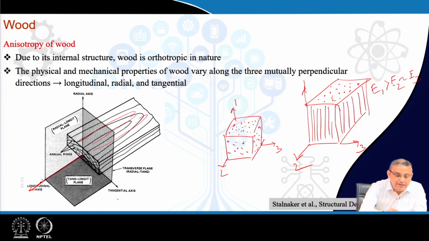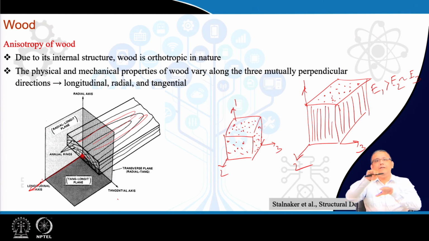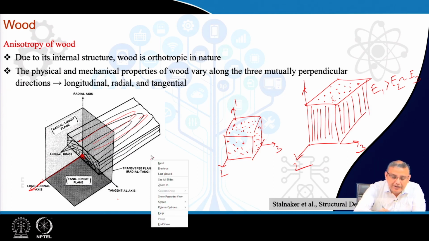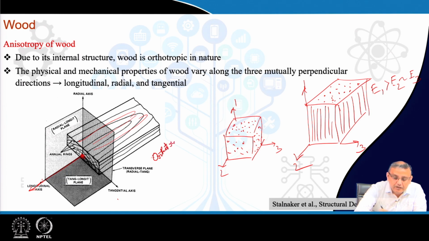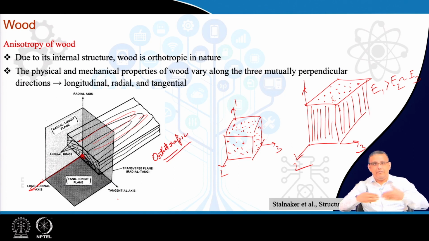That means, if you take this point as your origin and draw 3 mutually perpendicular directions through it inside the material, then the properties will vary along all 3 directions, and such materials are called orthotropic. So, materials with mutually different properties along 3 mutually perpendicular directions are known as orthotropic materials.